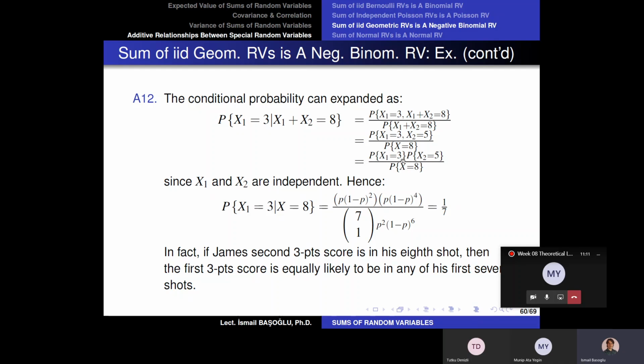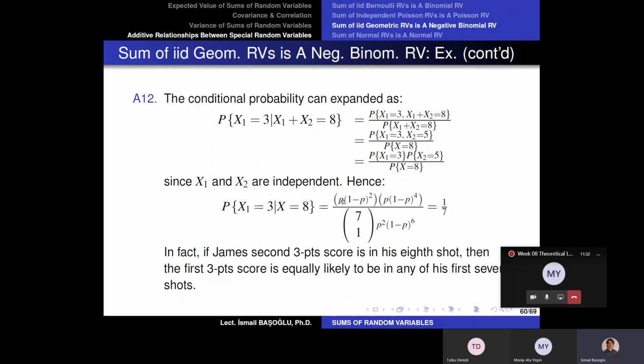That is going to be, for geometric random variables, p times 1 minus p to the power x minus 1. And for the negative binomial random variable, it is going to be x minus 1 choose r minus 1 times p to the power r times 1 minus p to the power x minus r.